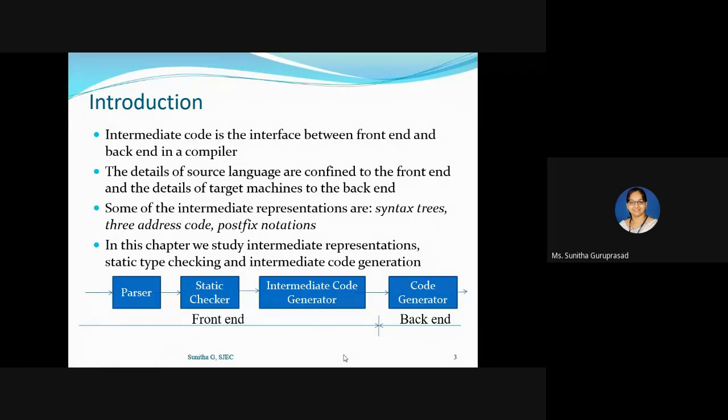The first phase was the lexical analyzer, right? The output of the lexical analyzer was sent to the syntax analyzer. The output of the syntax analyzer was sent to the semantic analyzer. Then it was sent to intermediate code generation.